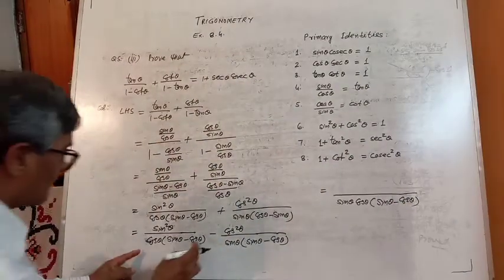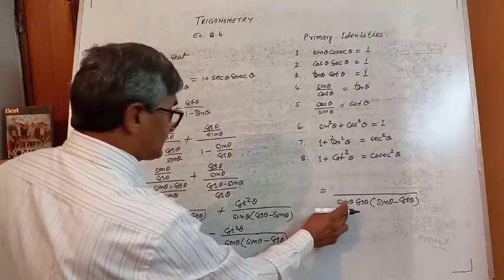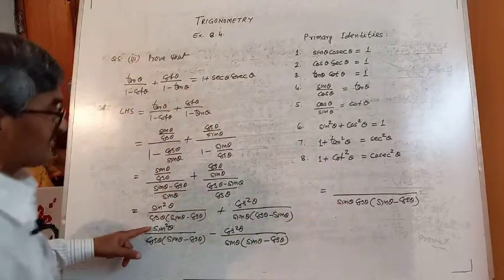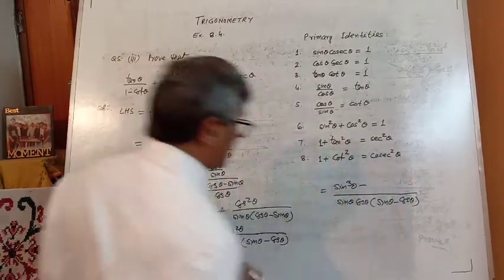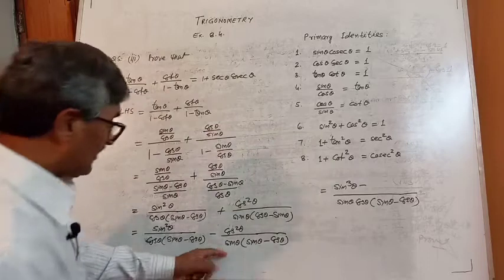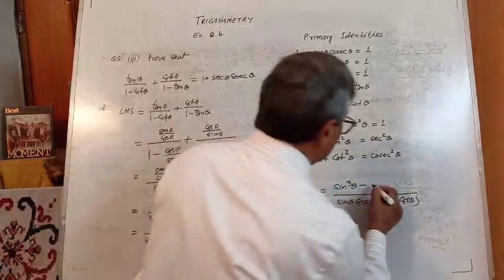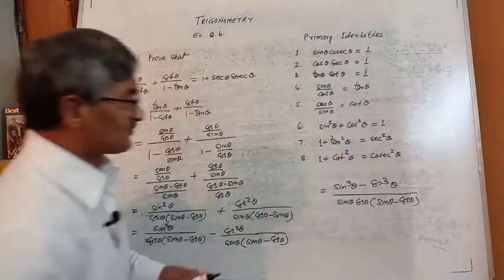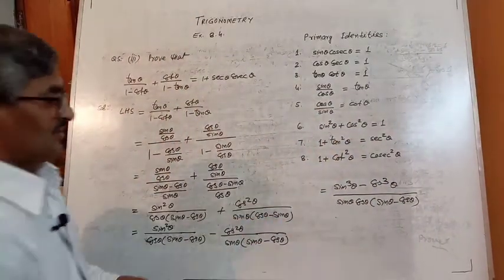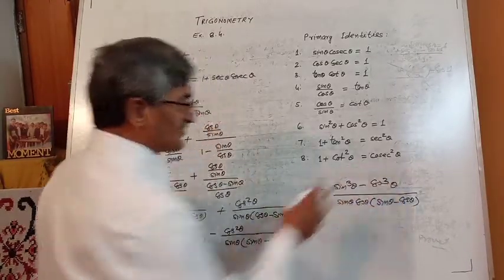Now if you divide by this one, you are going to get sin theta, and sin theta will be multiplied by this one, then it will be sin cube theta, minus. If you divide by this one, then you will get cos theta, and cos theta multiplied by cos square theta is going to be cos cube theta. Now this is sin cube theta minus cos cube theta.